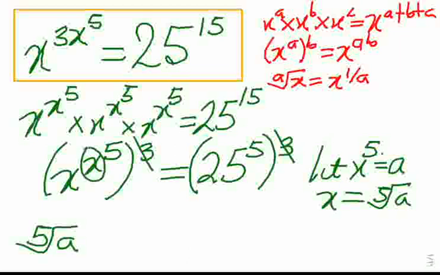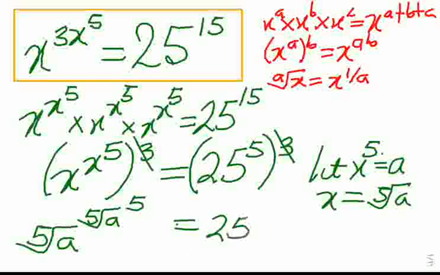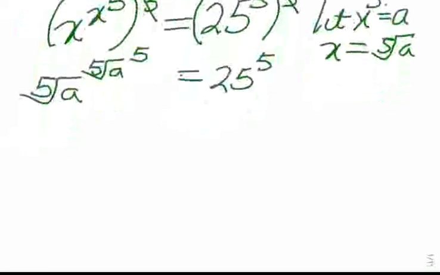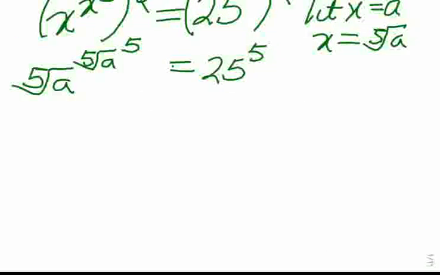Now, in place of this x, I want to write the 5th root of a there. In place of this other x, I'm also writing the 5th root of a again, all raised to power 5 equals 25 raised to power 5. What do we do next? Let me bring this down first.